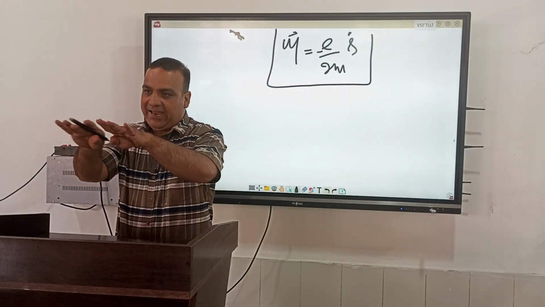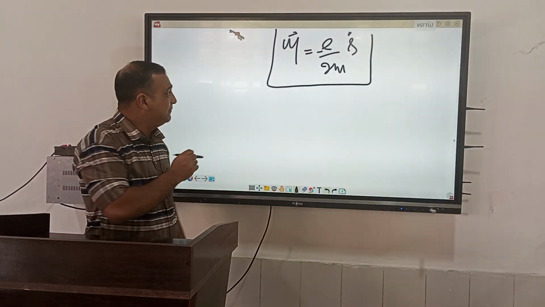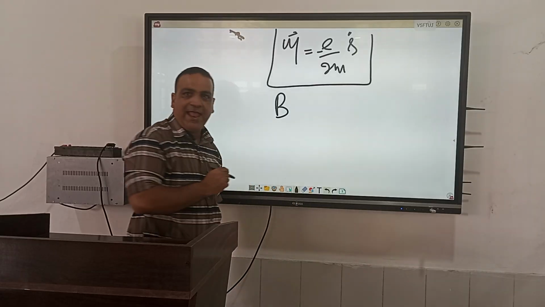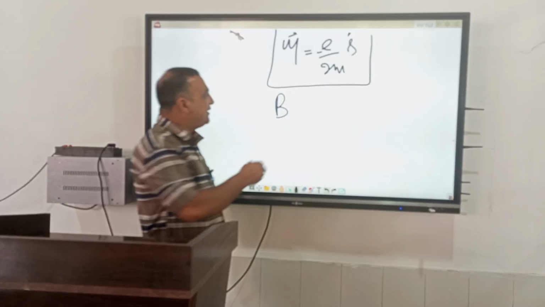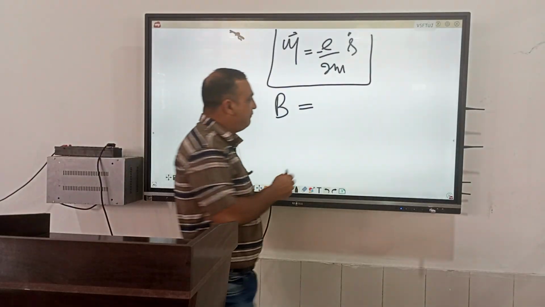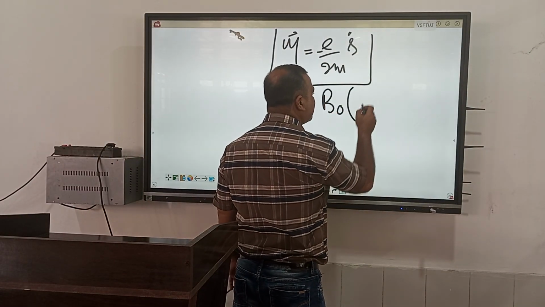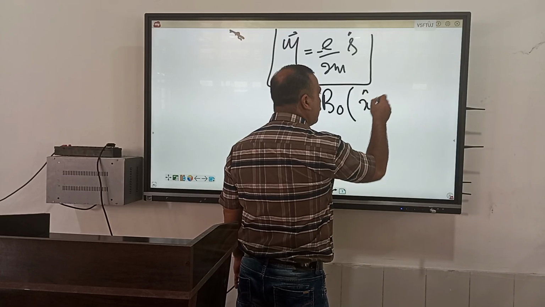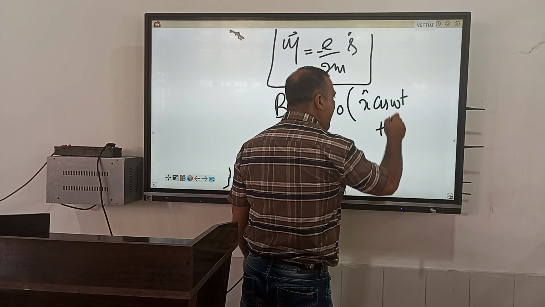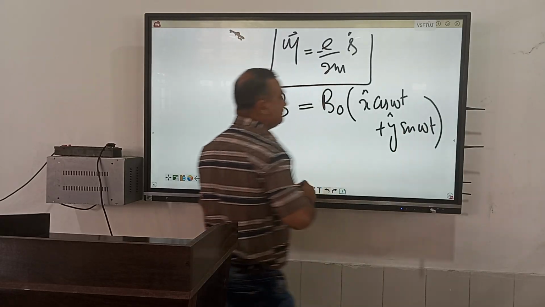I am applying this magnetic field B to the system, and this magnetic field can be written in terms of its components: B naught times x cap cosine of omega t plus y cap sine of omega t.